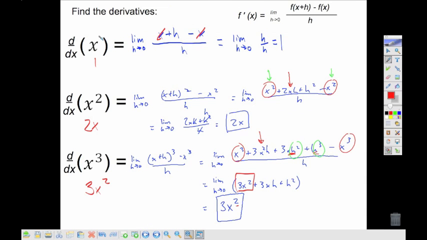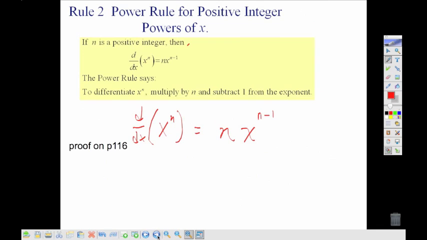My power was 1, I move it out front to be a coefficient, and then I subtract my power, which was 1, now it's 0, which is just 1. The next one, if I take x squared, I bring the 2 out in front, and I subtract my exponent by 1, which would be 1. X cubed, bring the 3 down in front, subtract by 1, and we get 2.